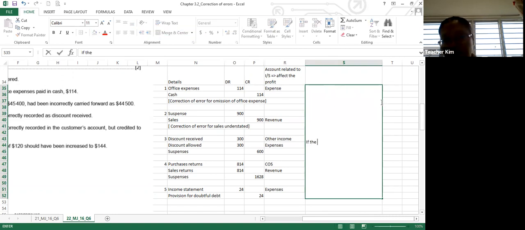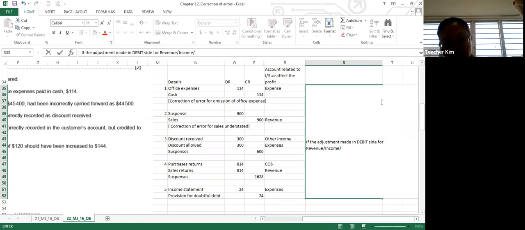If the adjustment is made in the debit side for revenue, income, cost of sales, or expenses, profit will reduce, because the debit side in the income statement reduces the profit.